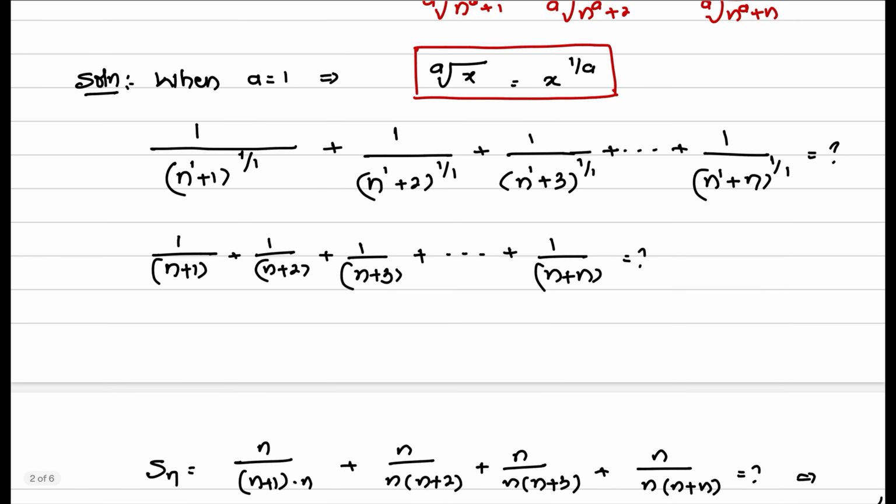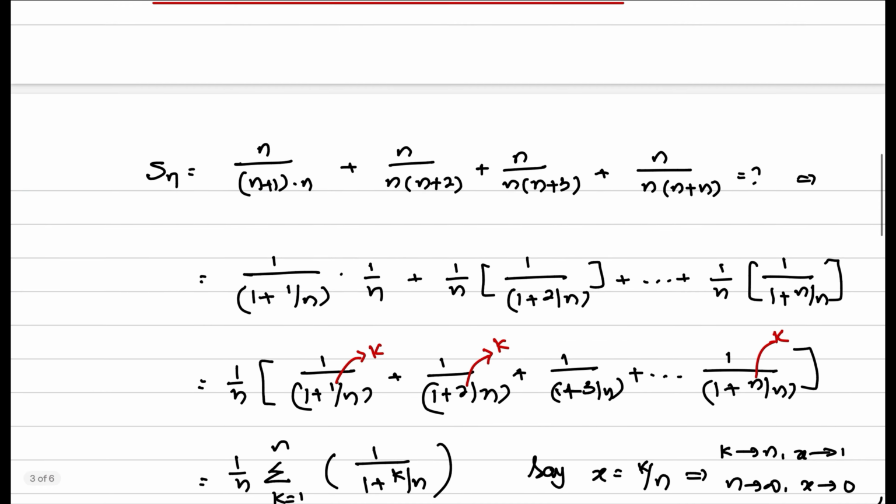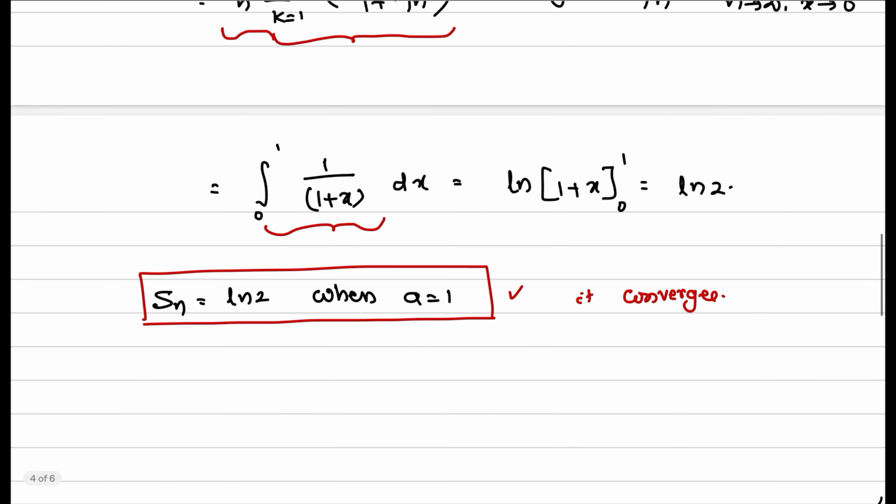This value is ln 2 when a is equal to 1. And to get this ln 2 value, this is how we have to proceed, and we have to convert it into a series of 1 plus x, where x is equal to k by n. And this is equal to ln 2.